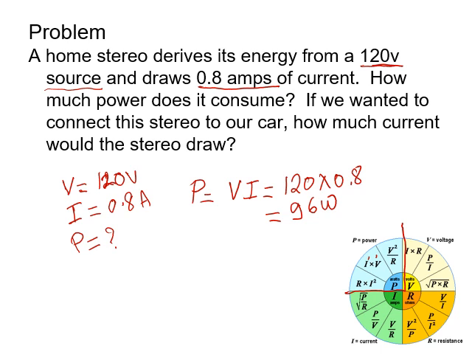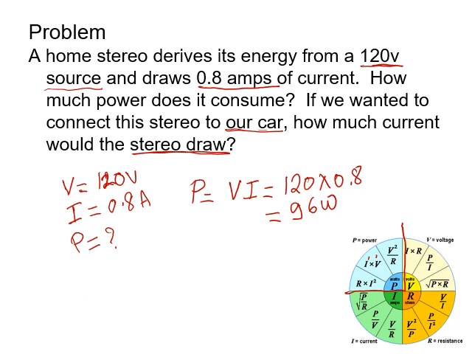So the question says, if we want to connect this stereo to our car, how much current would the stereo draw? So now we're connecting this stereo to our car, so V, the voltage of a car battery, let me change the color of the font.